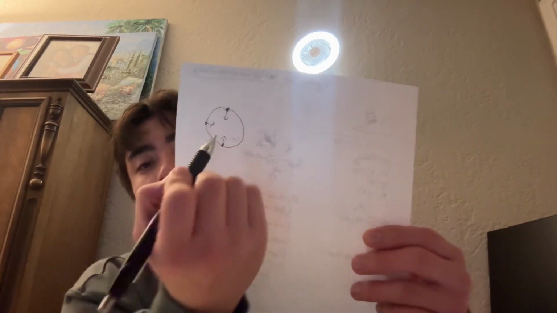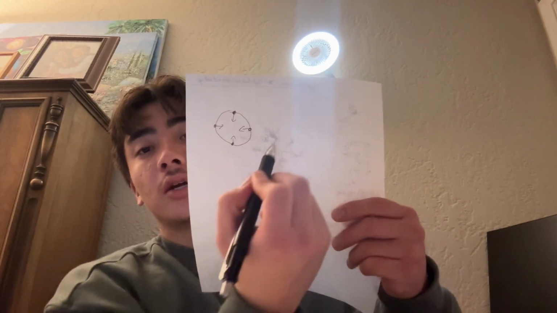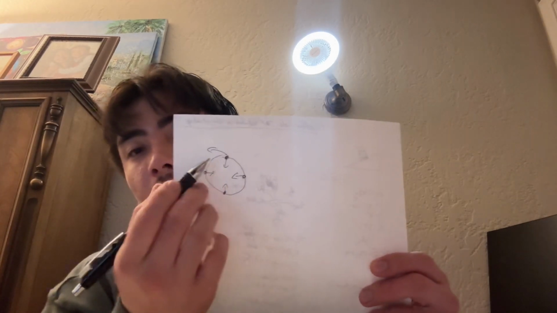As the object or the particle moves around, the centripetal force pushes it into the middle. So kind of like this, and it'll keep going around. Well, I'll draw the fourth one just so it's symmetrical. So instead of just shooting out like this, it doesn't want to do that. It wants to keep going. I use it for track and field, like when you run a curve, sometimes you want to think about centripetal force to help you get around the curve.